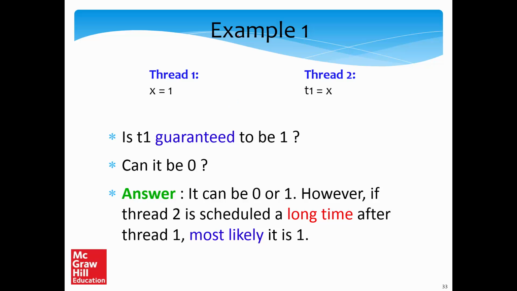So let's consider this simple example where I have a thread 1 and I have a thread 2. Thread 1 is writing 1 to x, and x in this case is a global variable.